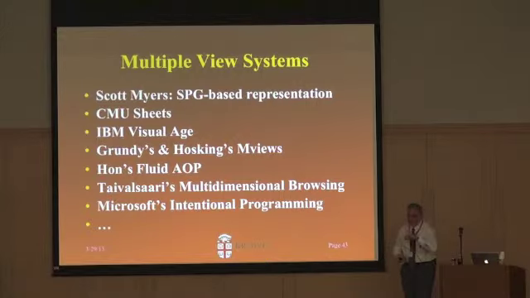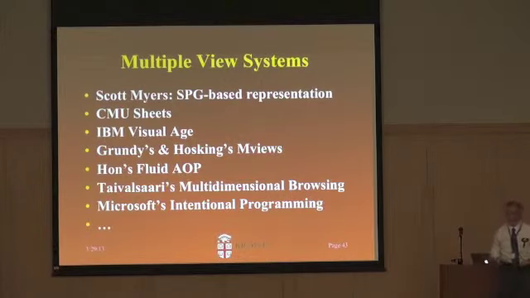So a lot of people have tried to actually achieve the ultimate goal of having a single representation and then being able to create multiple views of that. One of the earliest was one of my PhD students, Scott Myers, who tried to use SPGs, semantic program graphs, as a common representation for data flow and control flow. Now, he thought he succeeded, but my reading of his dissertation was, you're never going to be able to do this.